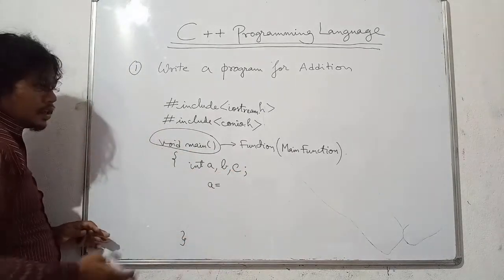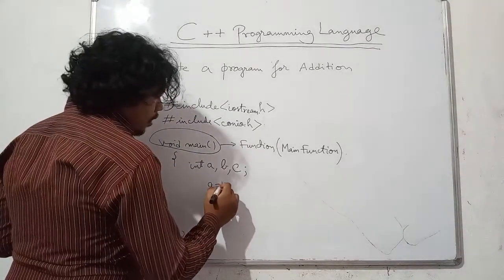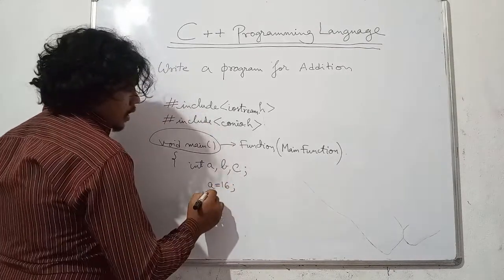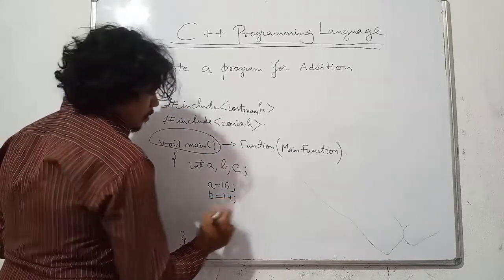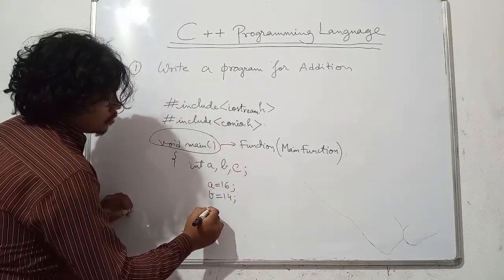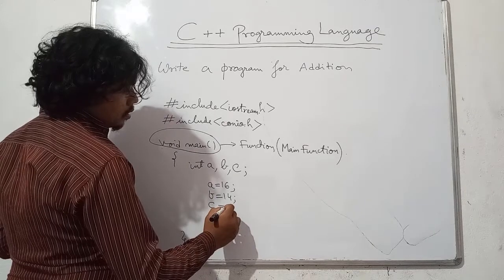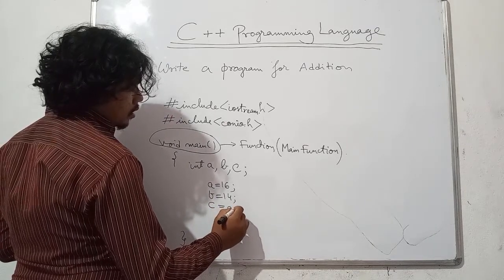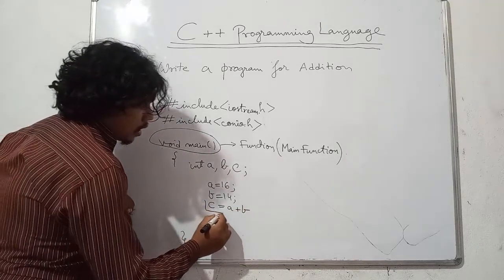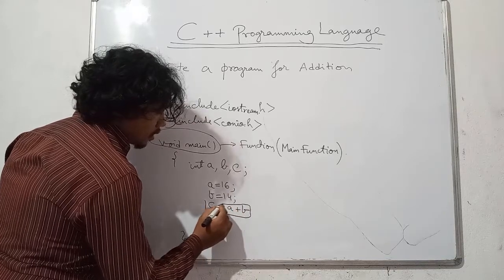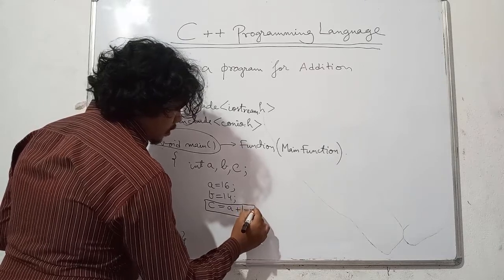We have done the first step, A, B and C we have declared. Now I put 16 in A and B I put 40. Now C is equal to A plus B. See here, basic arithmetic operation has been done.